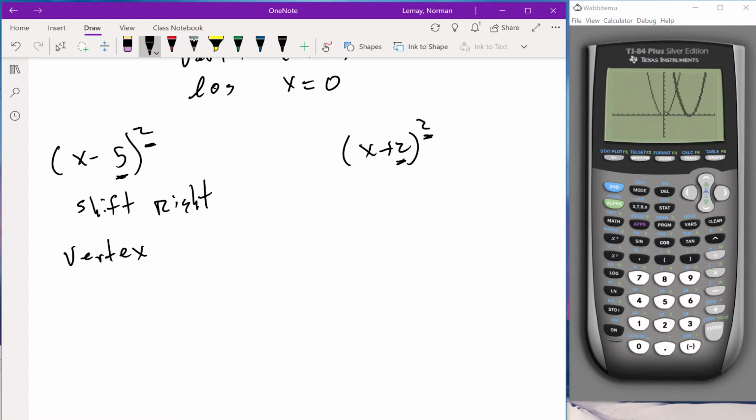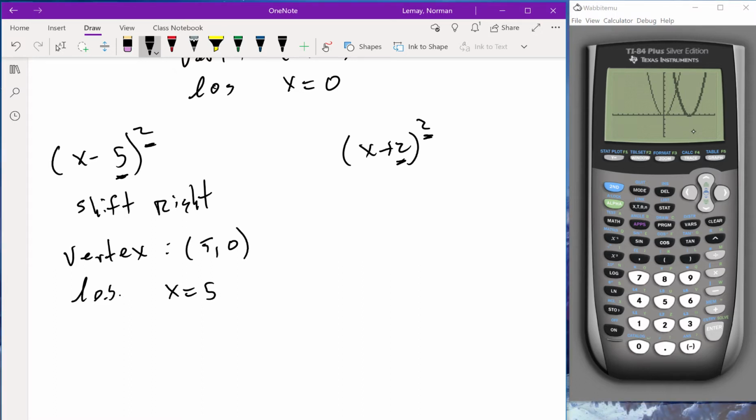Instead of the vertex being here at 0, 0, notice the vertex now is 5, 0. And notice that the line of symmetry has changed, and this line of symmetry is x equals 5. Because notice right here, if I put my vertical line right here, then that line of symmetry now has changed.